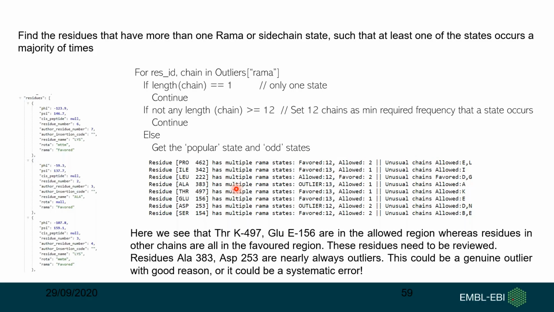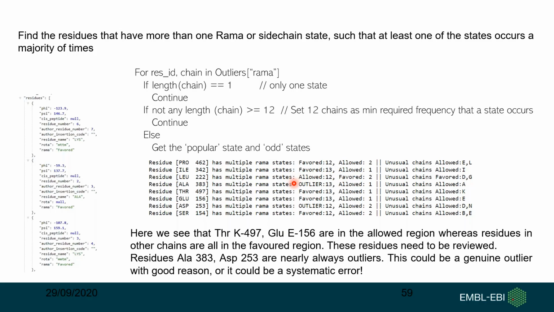So based on this exercise, we can find out residues that need to be reviewed in the structure. And for example, here, alanine 3A3 is almost always an outlier, 13 out of the 14. Only in one model it is allowed.